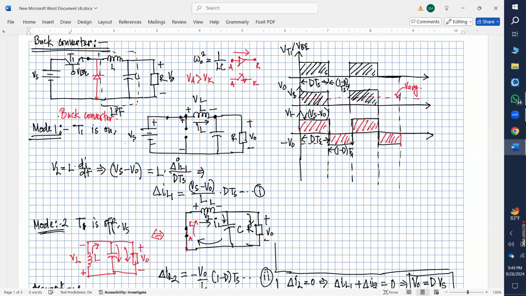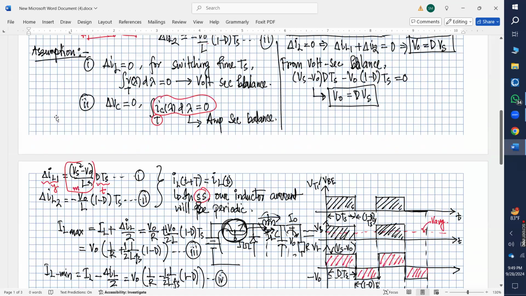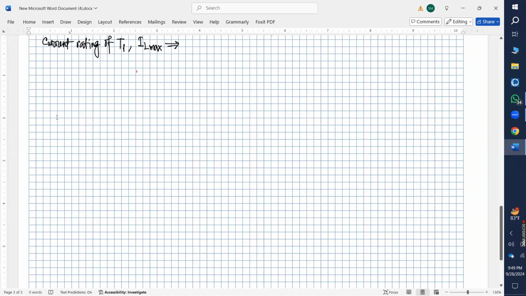It should be the same as the source voltage, right? So what should be the peak inverse voltage for the diode? Sir, Vs. It should be Vs, right?